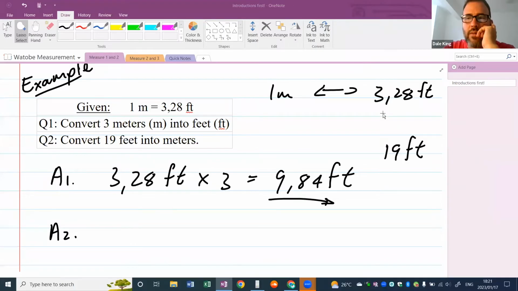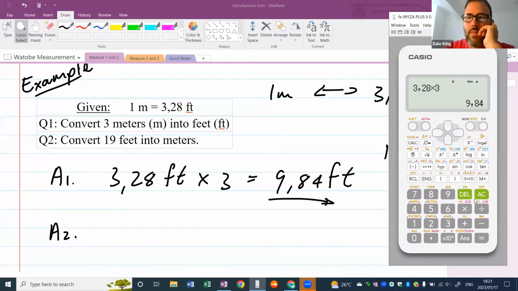Okay, to find that number, I can say 19 divided by 3,28. And it gives me this number here. Whoa, it's a long number. 5.7926829. It's got lots of decimals. Okay, that's fine.